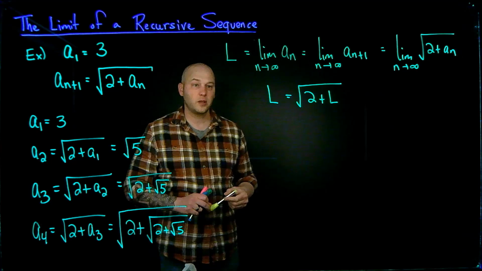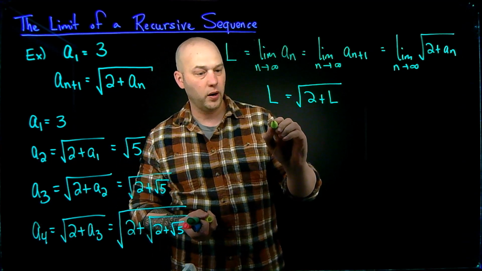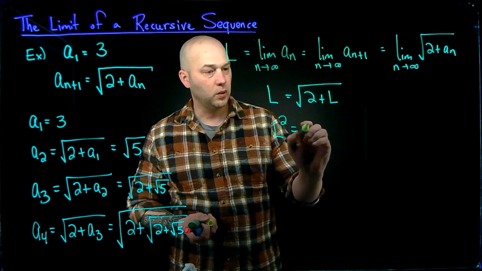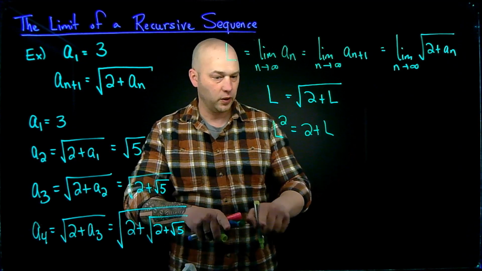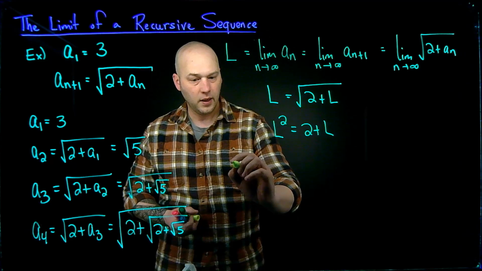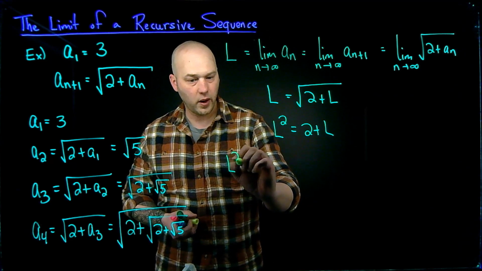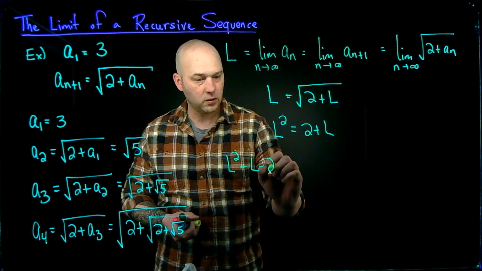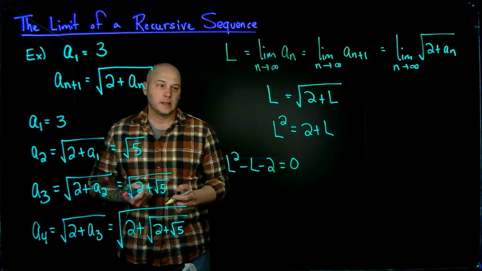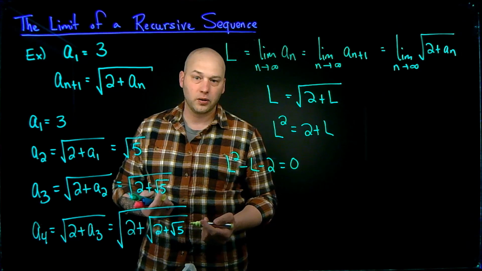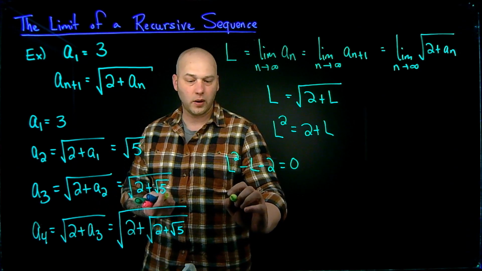All right, so let's go ahead and square both sides. I get L squared is equal to 2 plus L, and I'm going to shift it over here so I can have 2 different columns. Then I would have L squared minus L minus 2 equals 0, and so we just have to solve a quadratic equation. This one doesn't look like it factors nicely, so let's just use the quadratic formula.